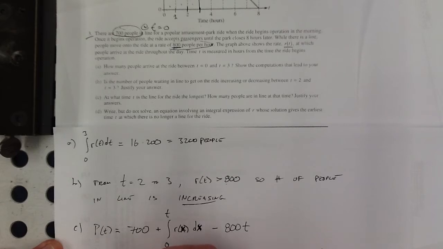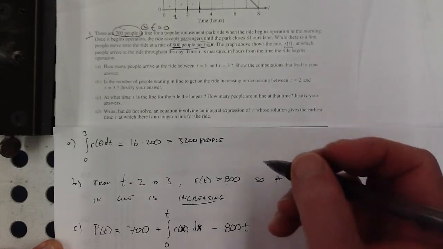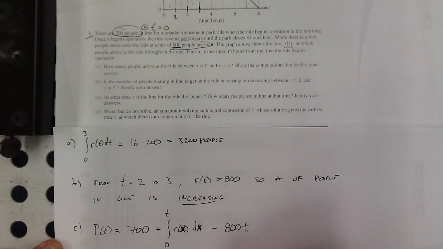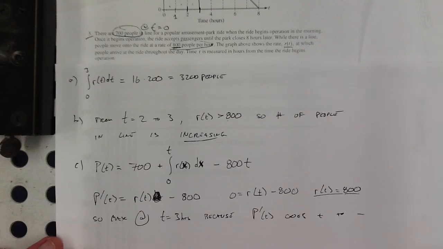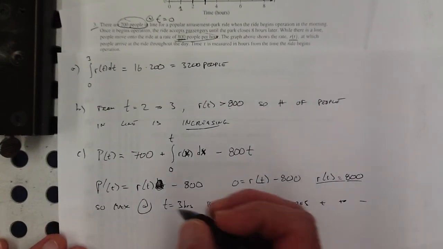So the max is at time, when did that happen? At time 3? At time 3 hours. And that's because P prime of t goes from positive to negative. Okay, they wanted to actually know how many people, right? So I just need to plug 3 into my people equation.